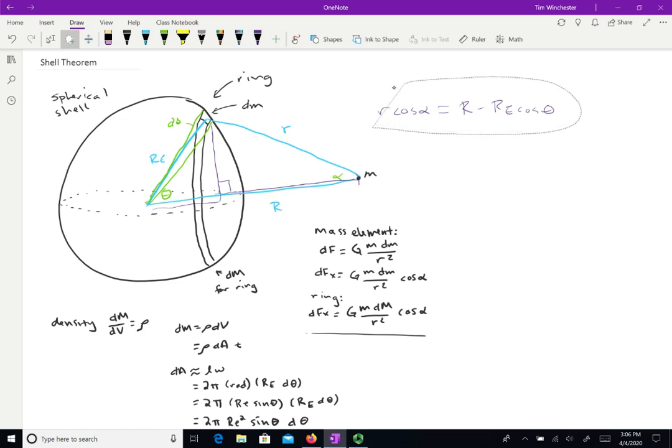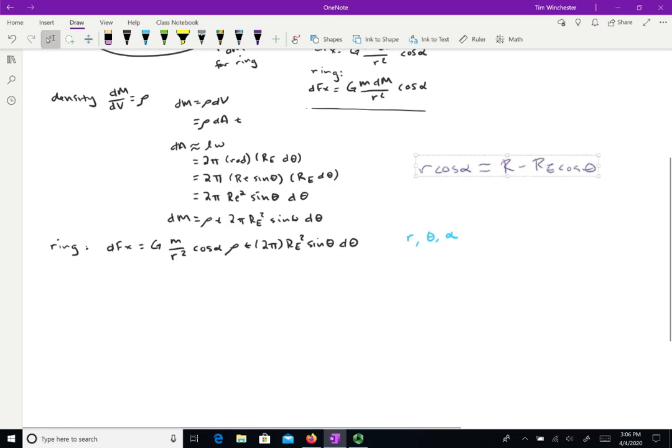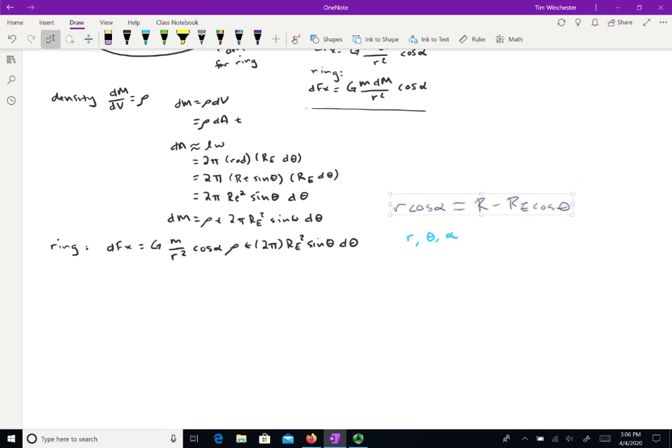Okay, so what I'm going to do is I'll copy this down to where we can use it. Down here. And notice that we actually have cosine alpha in this expression. So what I'm going to do is rewrite this and take cosine alpha and replace it with that expression that I just found.